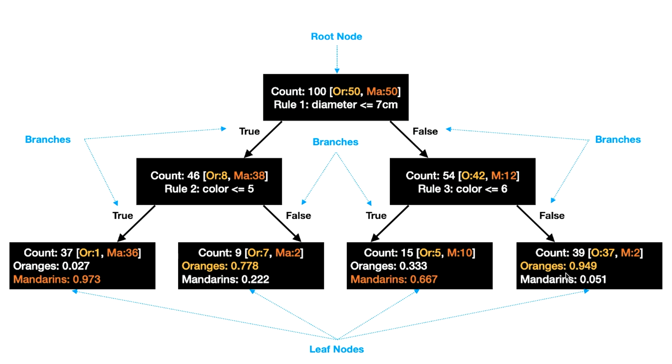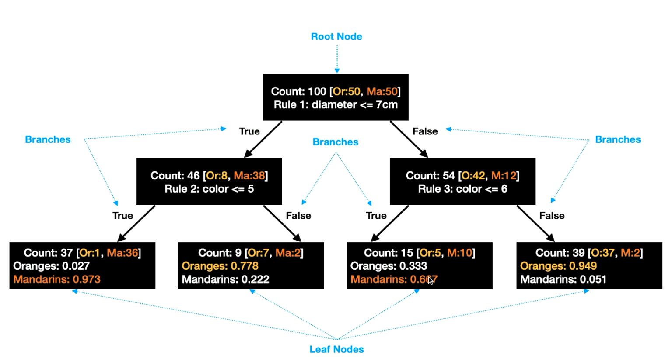For example, in the leaf on the right side of the branch, we can see we have more orange, so the topmost left branch, right branch can be classified as oranges.